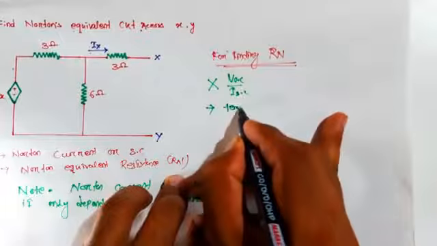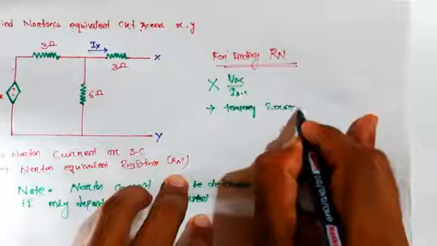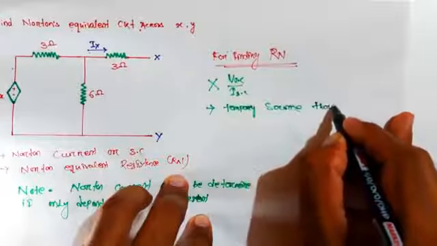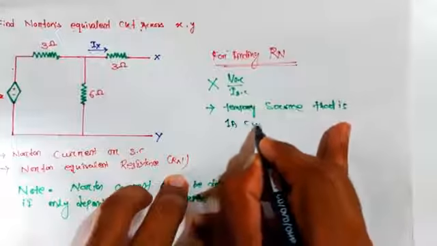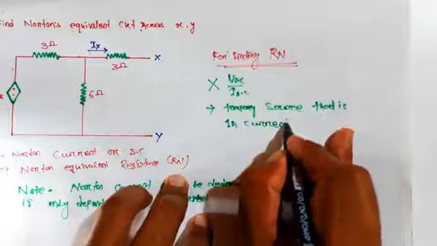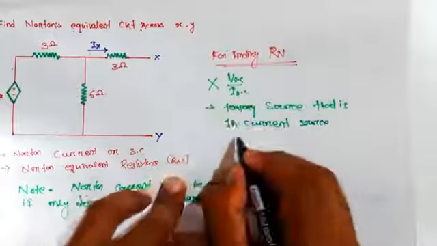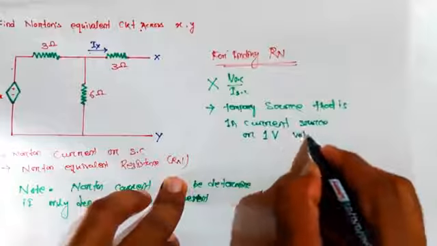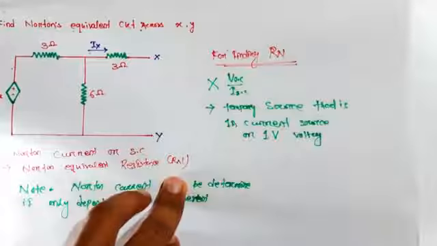In our second method, we use a temporary source, that is a 1 ampere current source, or a 1 volt voltage source, or you can say a dummy source.